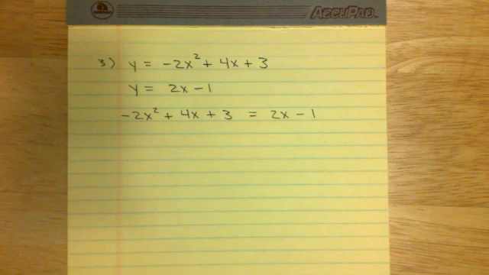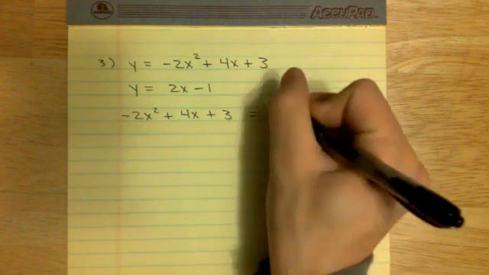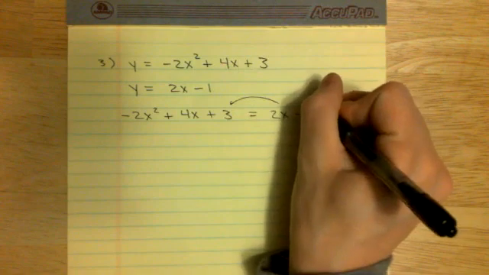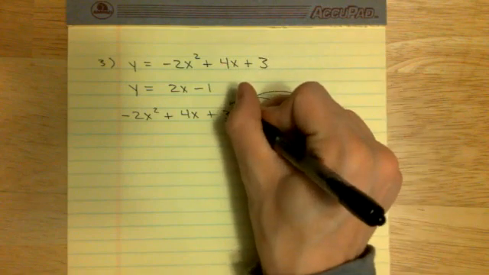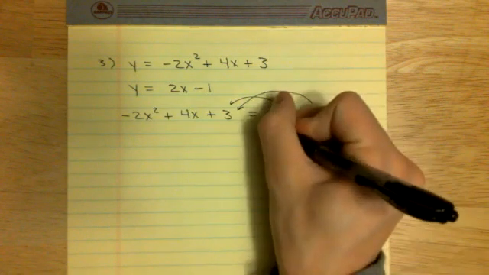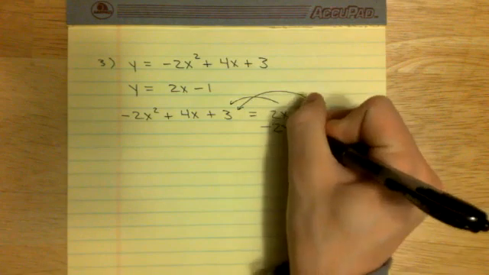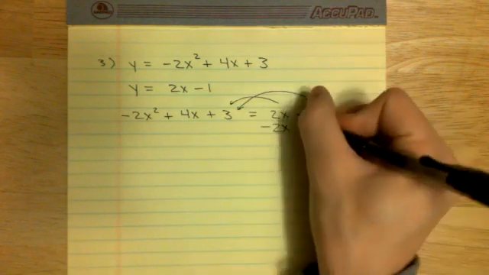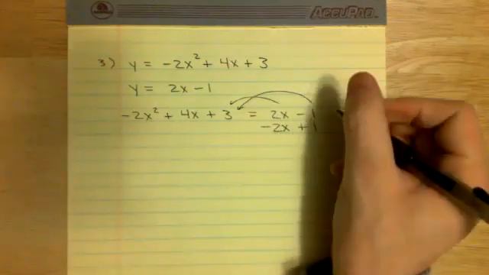What I want to do is I want to get everything to the left side as usual. So I need to find some way to move this 2x over to this side and the -1 too. So the way I do that is I'm going to subtract 2x, since that's a positive 2x. And I'm also going to add 1 to both sides to get rid of this -1.